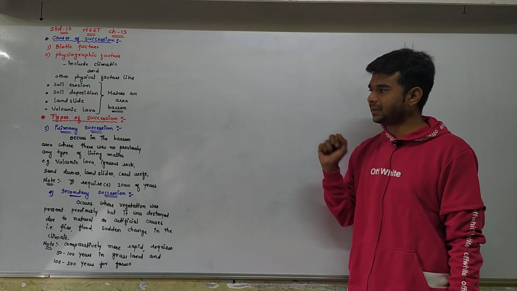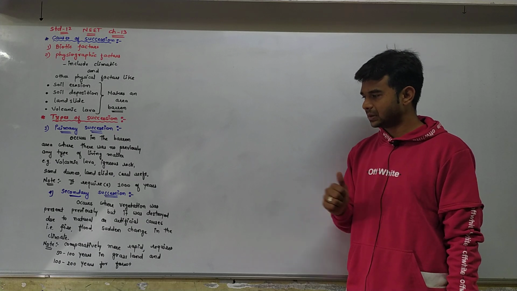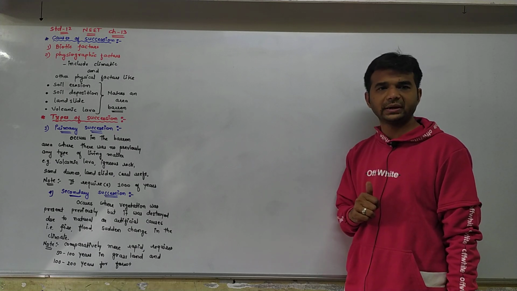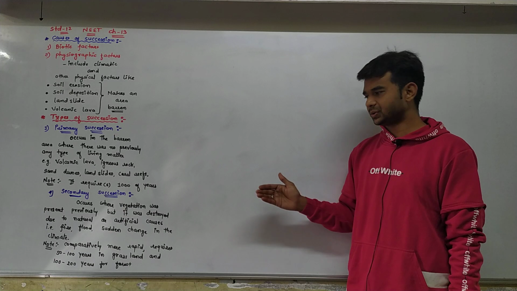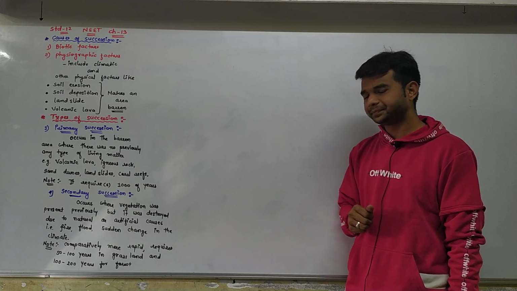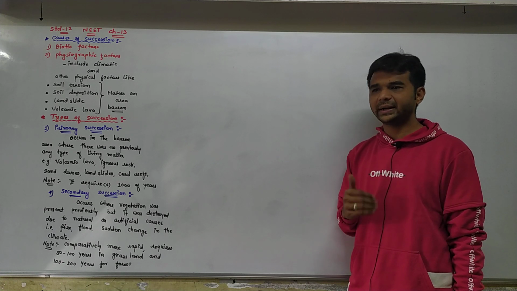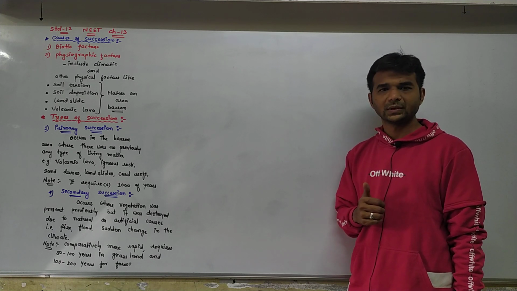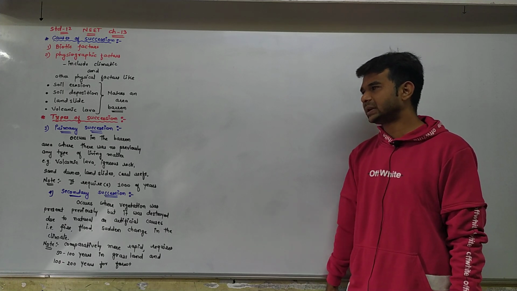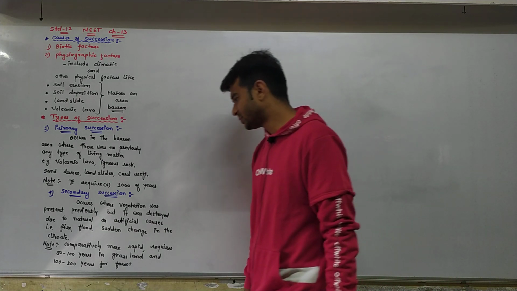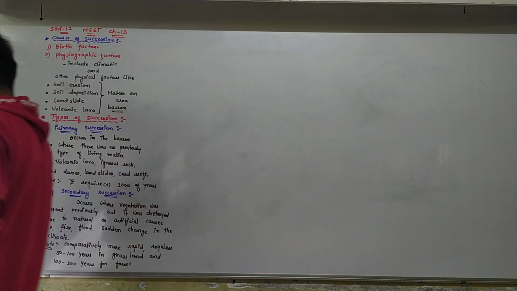Compared to primary succession, secondary succession is more rapid. So in the grassland area, it requires 50 to 100 years, and in the forest it requires 100 to 200 years.